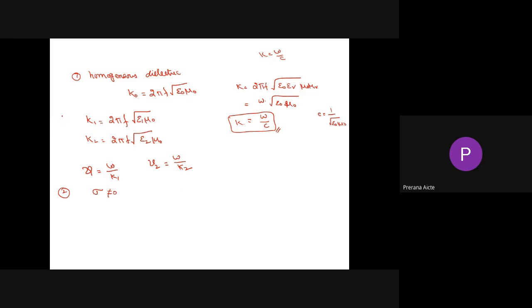Okay, that is nothing but del cross E of r is equal to minus j omega mu H of r. Or in terms of the magnetic field, del cross H of r is equal to J of r plus j omega epsilon E of r.